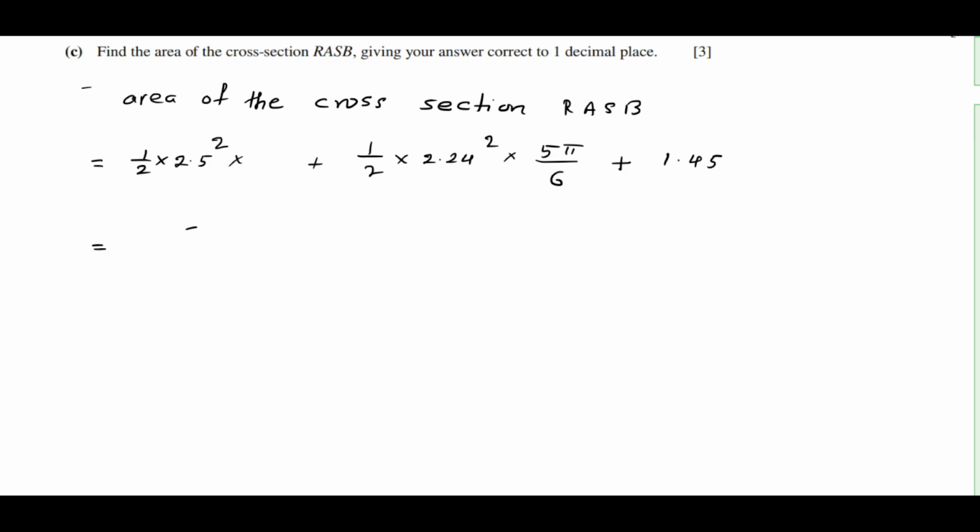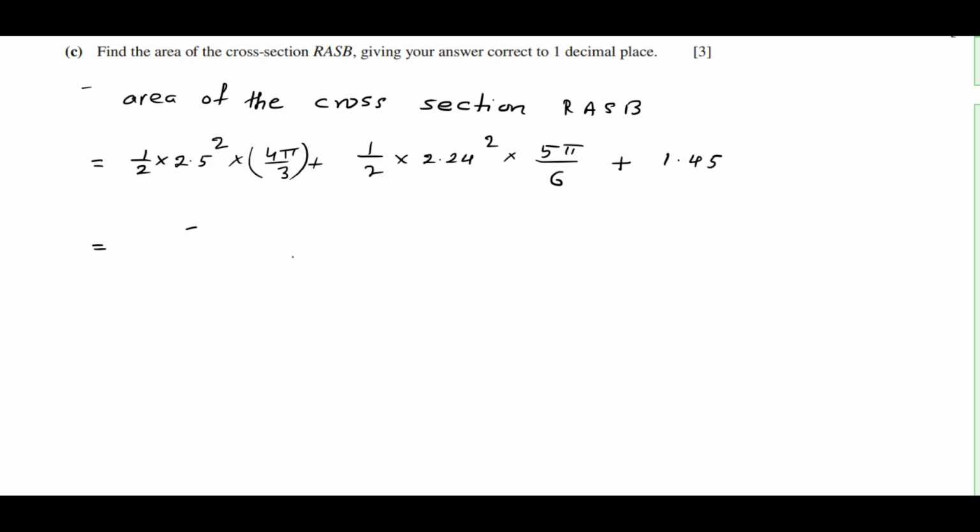It should be 2 pi minus 2 pi by 3, so 4 pi by 3. Okay, 4 pi by 3. So it's 0.5 into 2.5 square into 4 into pi divided by 3.